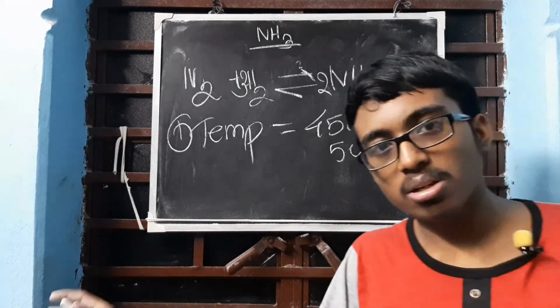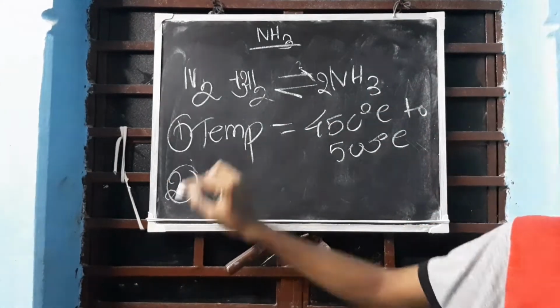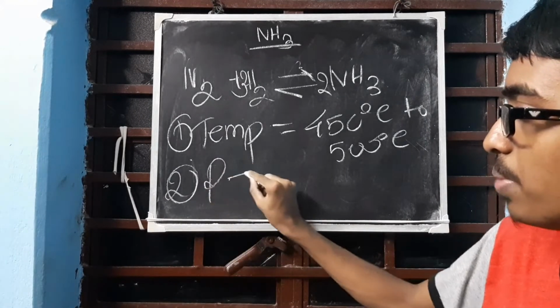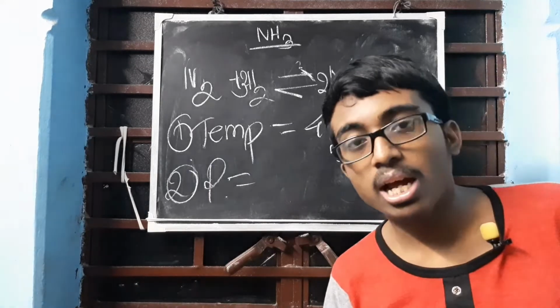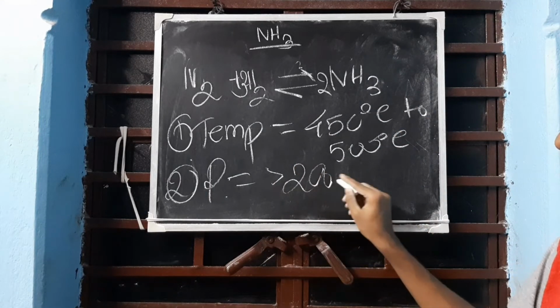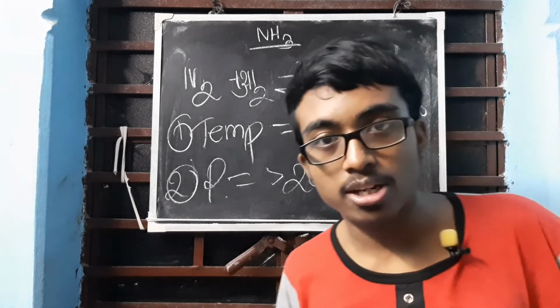Right? Wrong temperature? No marks. Clear? No half marking. Next, number 2, pressure. I am writing P in short. Pressure has to be greater than 200 atm. Clear? This atm does not stand for automatic transformation, please.